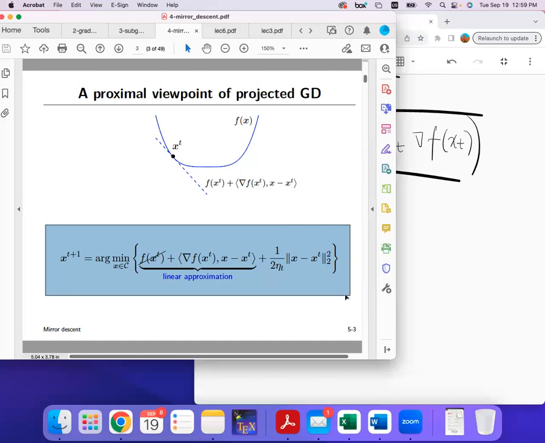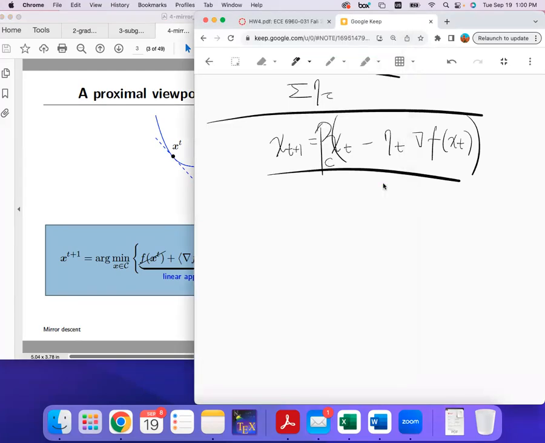The idea is that you give me an x_t, I construct this optimization problem, and the solution to this problem is my next iterate, x_{t+1}. And it turns out that the solution of this problem is exactly this update rule. It's exactly taking a gradient descent step and then doing a projection.